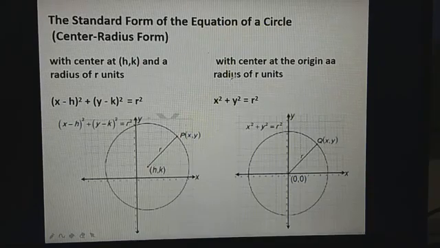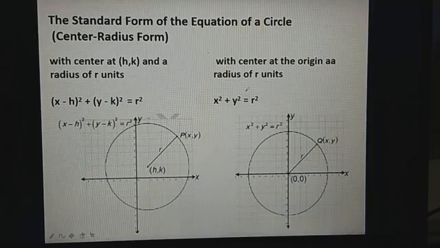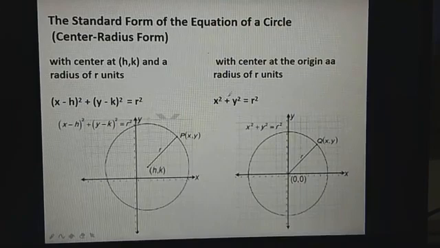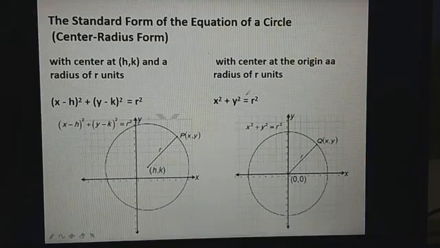Now, if we have center at the origin and a radius of r units, this will be our center radius form for the equation of the circle. We have x squared plus y squared is equal to r squared. So, why is there no h and k in the formula or in the equation?